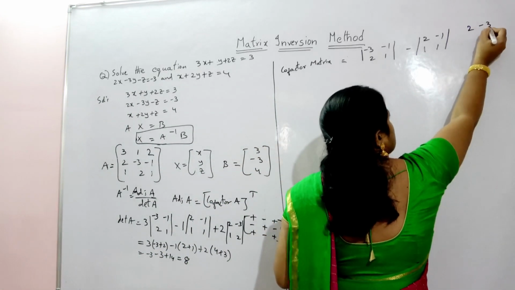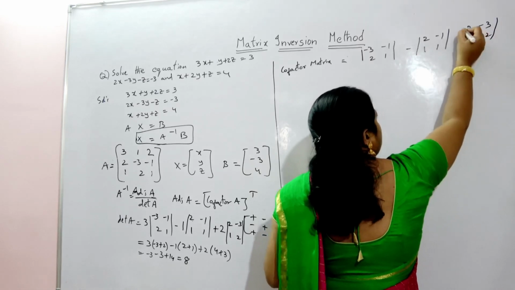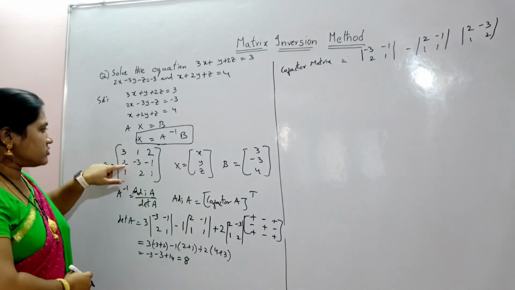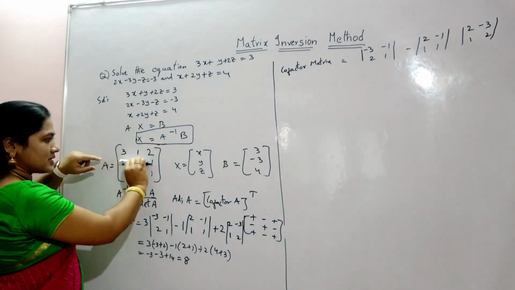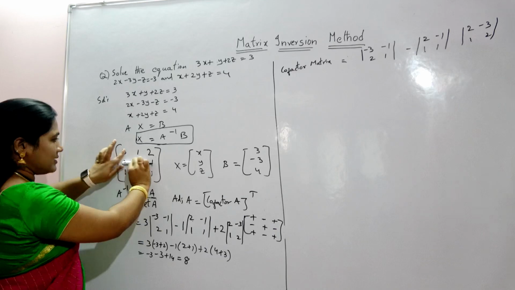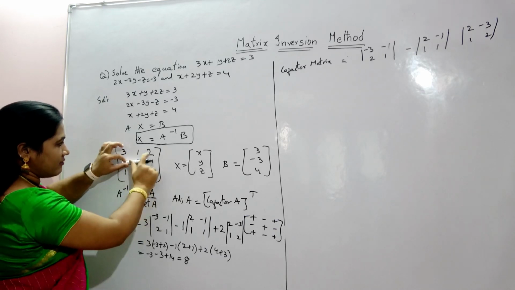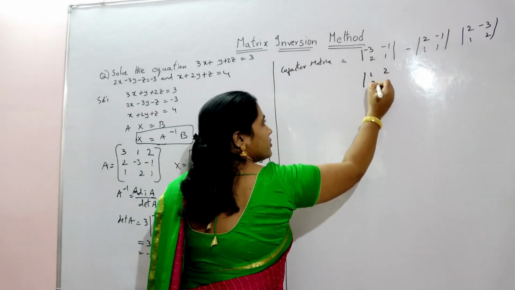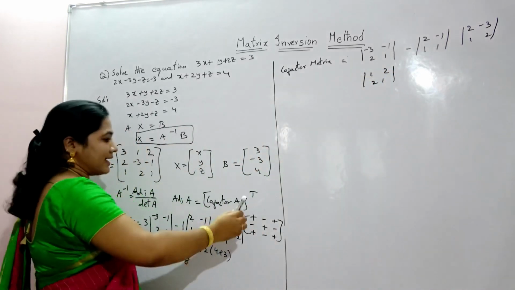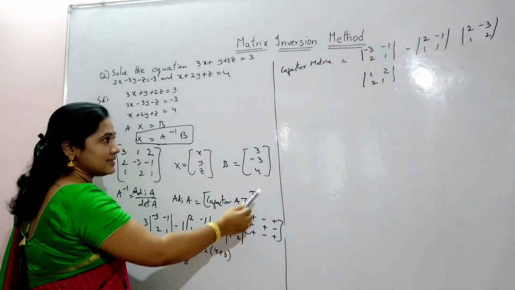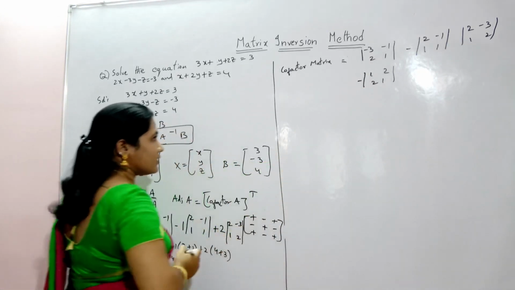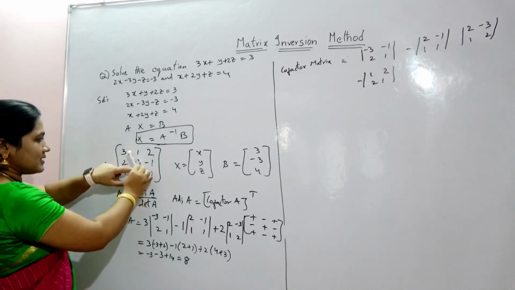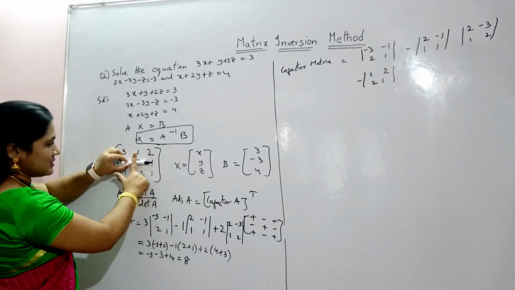Now write the cofactors for the second row. So for 2, just close this row and this column. Then 1, 1, 2, 2, 1. For the second row, the sign is negative. And next, the cofactor of -3. Just close this row and this column.